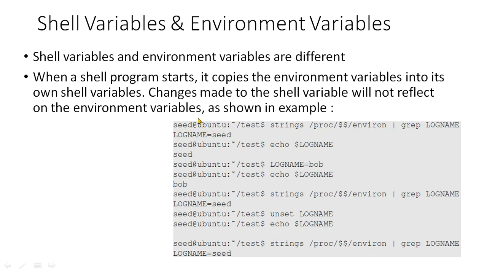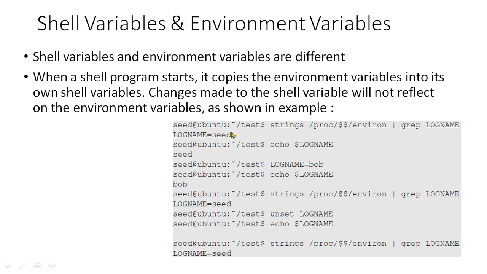Because it's very long, we don't want to see everything, so we just filter out whatever environment variable has the string LOGNAME. So we grep LOGNAME, that means we filter out only lines that have the string LOGNAME. We see that LOGNAME is seed, which is the current user here.